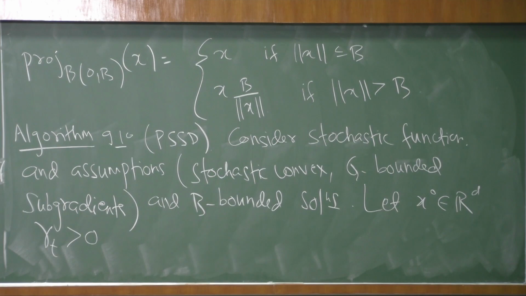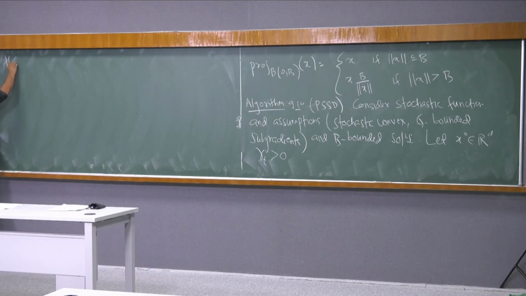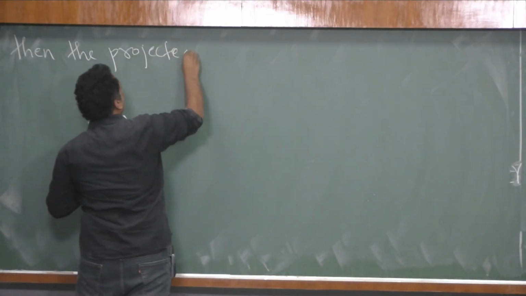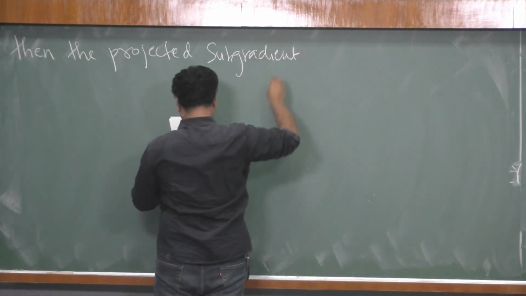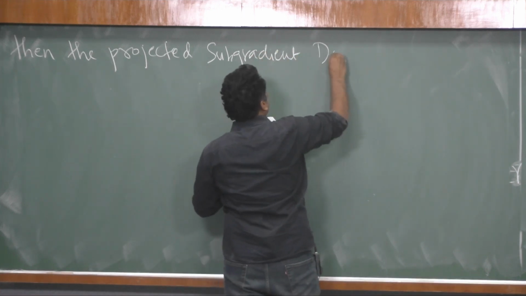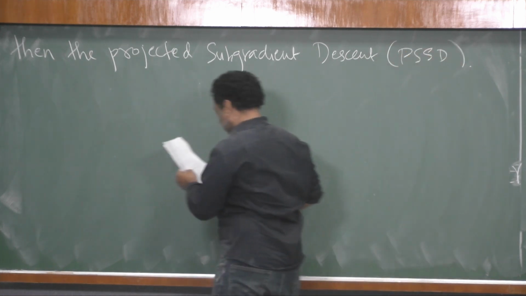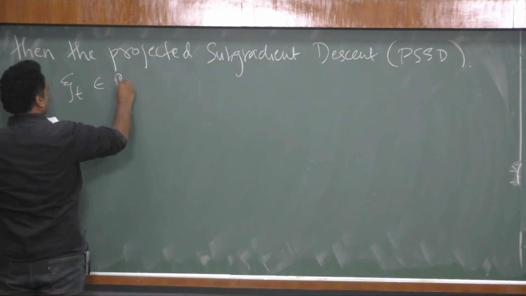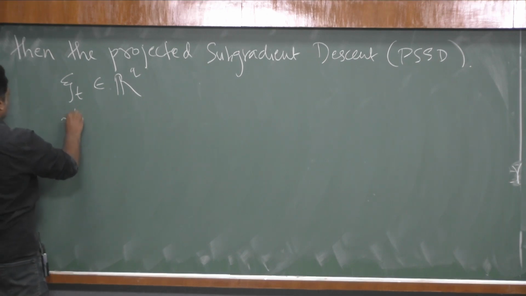Now then we define a projected subgradient method, denoted by PSSD, given as follows. Xi t is a random variable because we are always dealing with random functions now. Okay, so we are working on stochastic optimization problems.